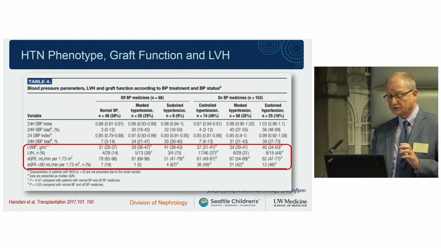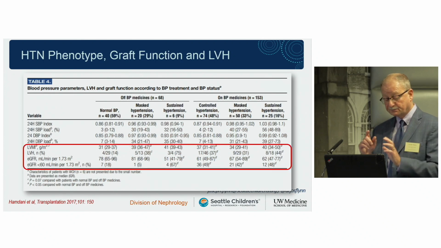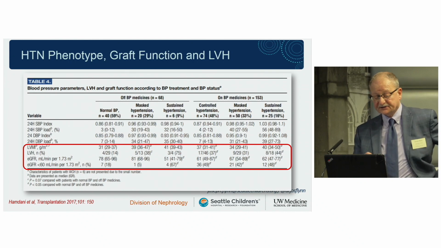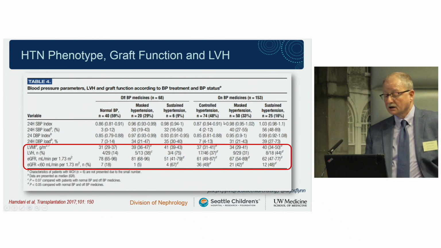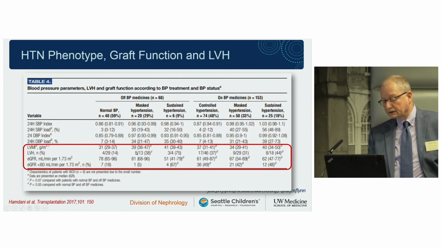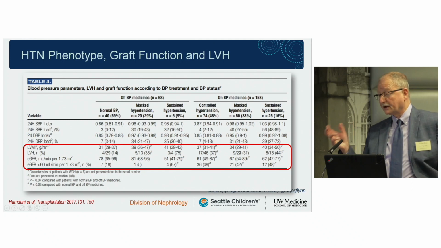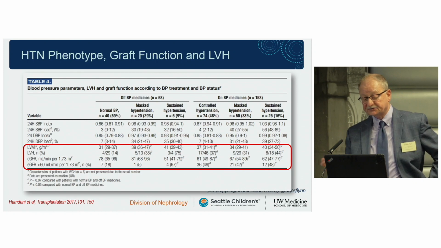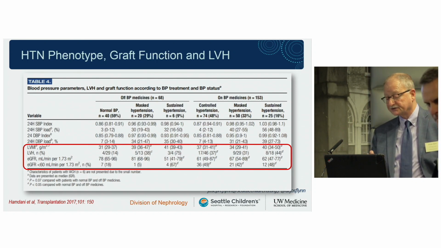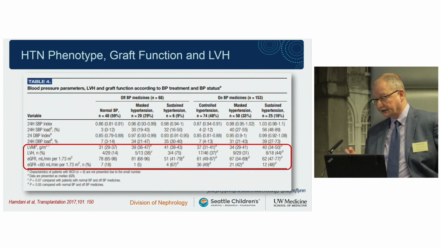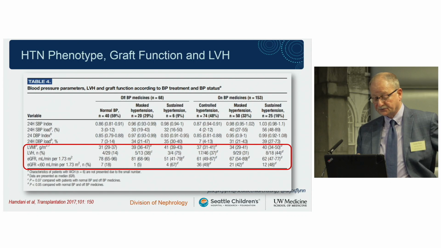What they showed for blood pressure, LV mass, and GFR was that there was worse LVH in those with higher blood pressure, whether they were on or off blood pressure medications, and that kidney function was worse in those who had higher blood pressure, masked or sustained hypertension, compared to those with normal blood pressure.